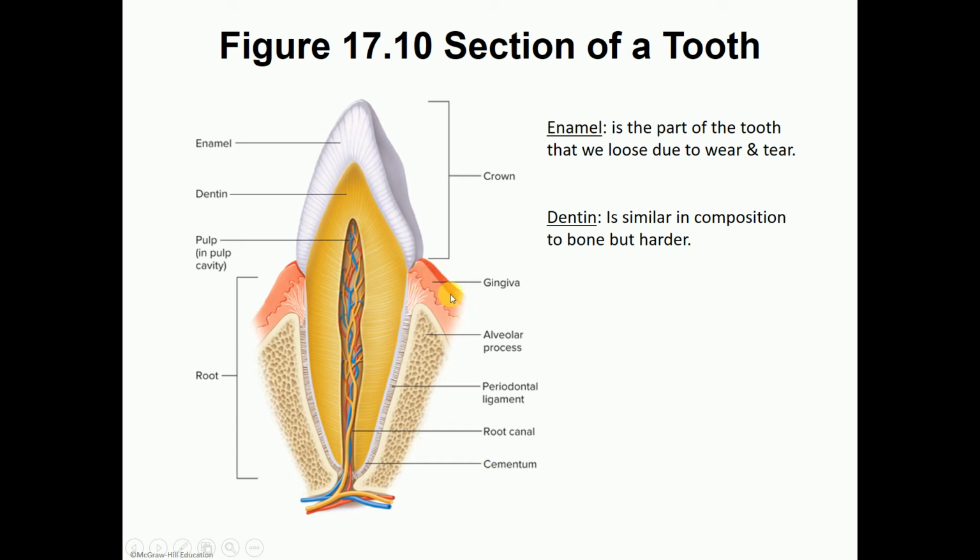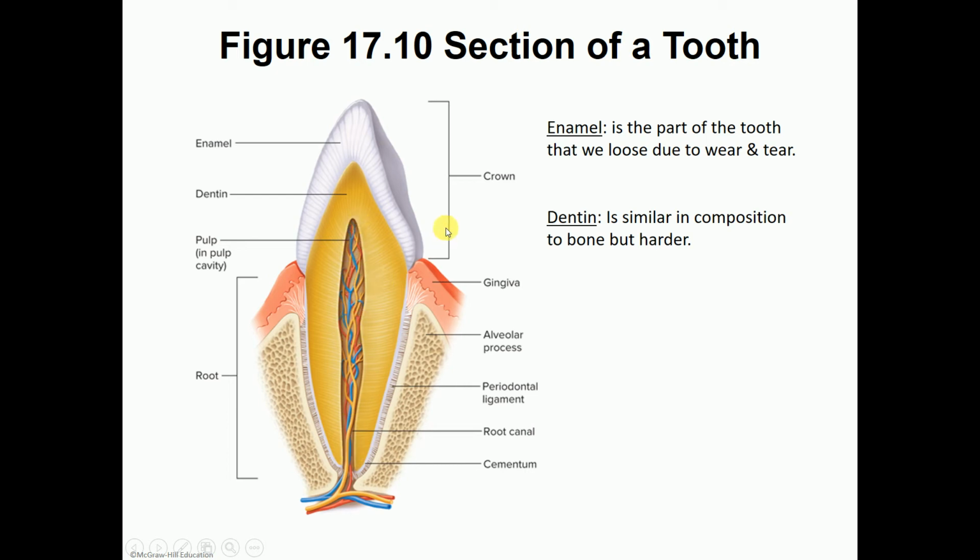You can also see the gums, or the gingiva, and what is notable here is that cavity found in the middle of the tooth, and that is known as the root canal. You find here the blood vessels and the nerve coming into the tooth through the root canal.